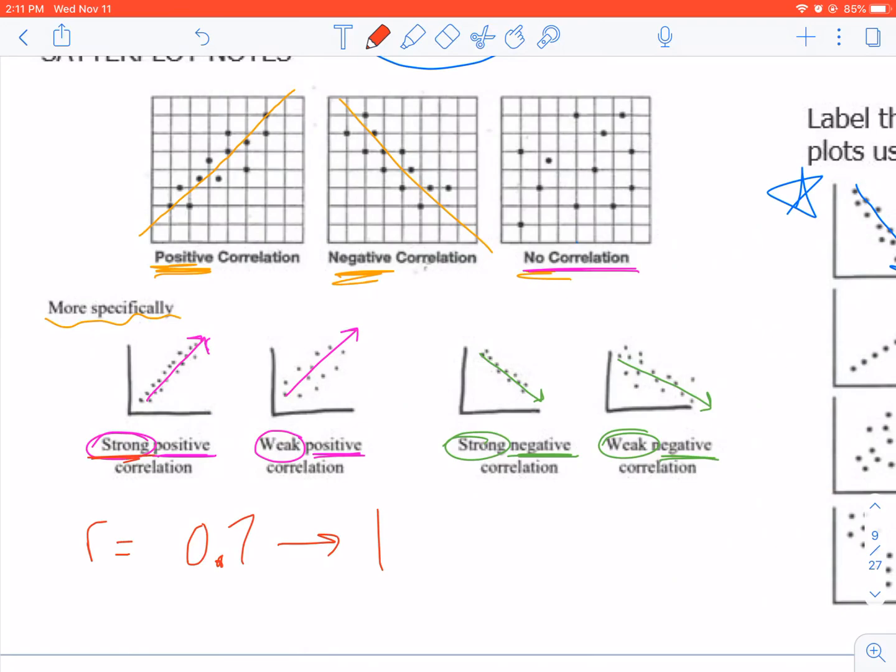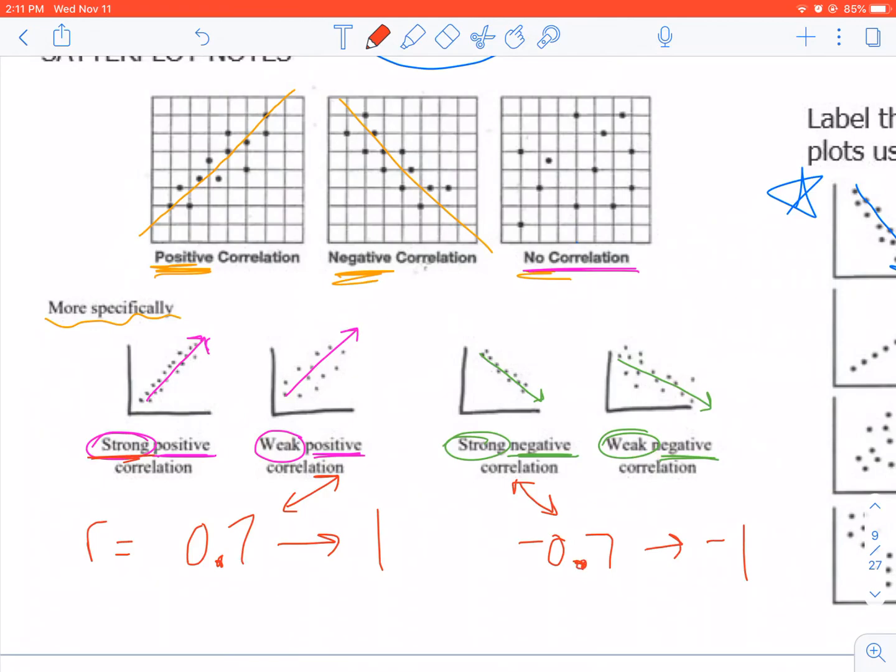And you can also go in the negative direction. That would be positive. So your positive slope would look like this on your line. But if your line comes over here, it would be like a negative 0.7 to a negative 1. Those are very strong numbers.